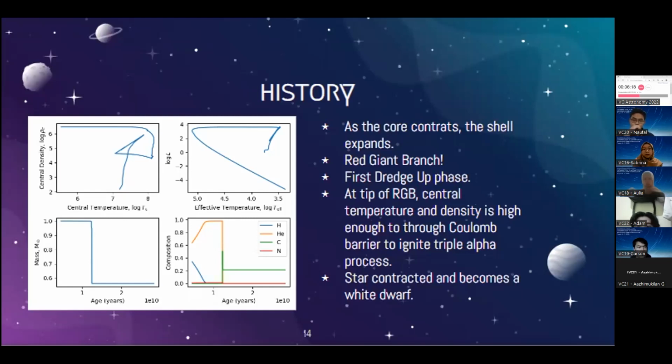At the tip of the RGB, the central temperature and density have finally become high enough that quantum mechanical tunneling becomes effective through the Coulomb barrier, allowing the triple alpha process to begin, resulting in carbon and further processing into oxygen as well. With the onset of a new and strongly temperature-dependent source of energy, the core expands.